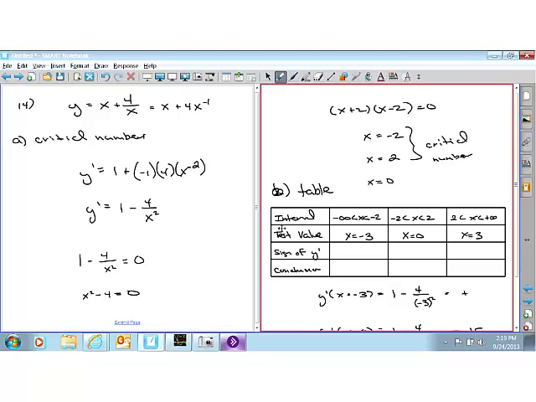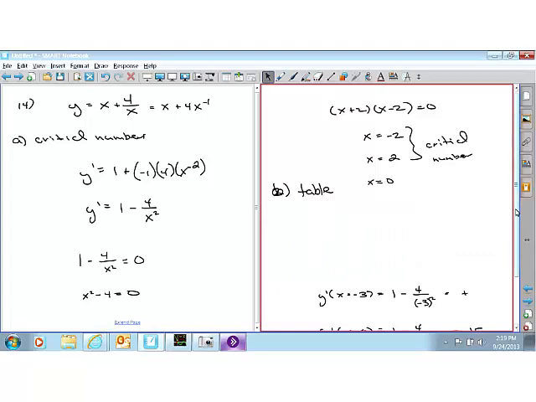So let's do that. I'm going to take this table and make it one more column, because I really got 3 critical numbers: 2 where the derivative goes to 0, and 1 where the derivative does not exist. So those are all critical numbers.